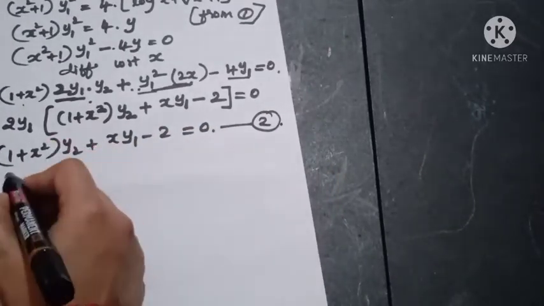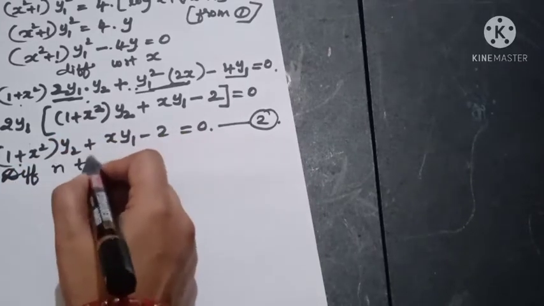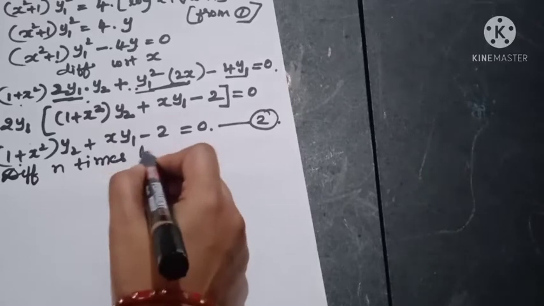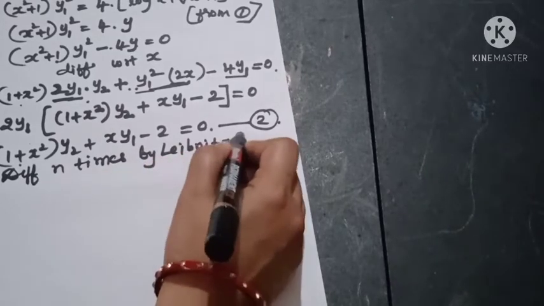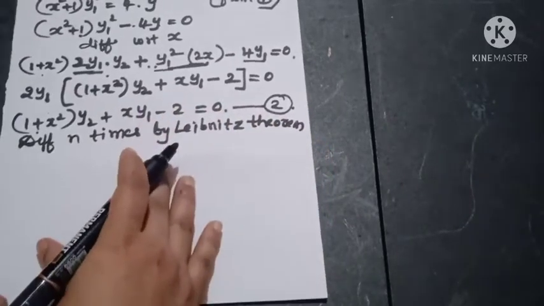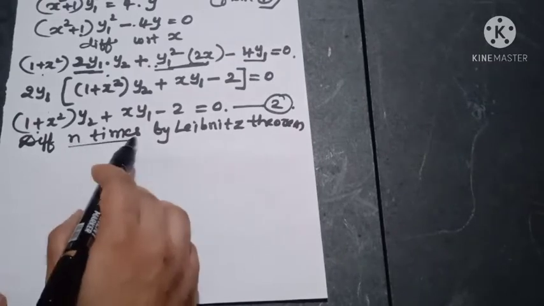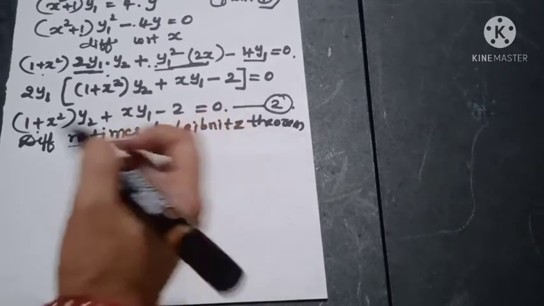Now we'll differentiate this equation 2 n times by using the Leibniz theorem.